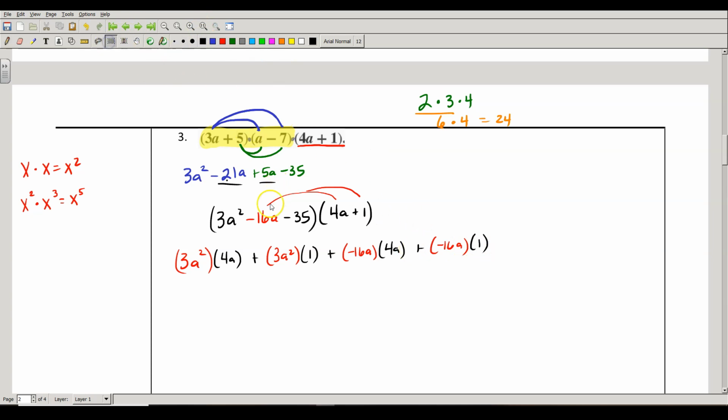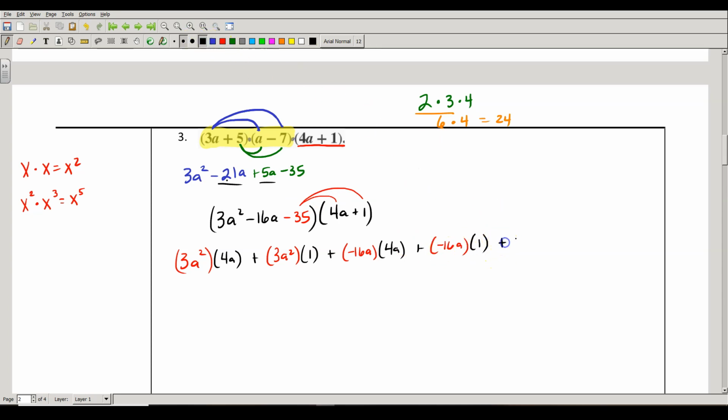And then we do it one last time. So I'm going to go to my last term here. I'm going to color code this to be red again. And now let's think about doing the same thing again. So we have negative 35 now, and we're going to distribute negative 35 to both of my terms in that second parentheses. So same thing.